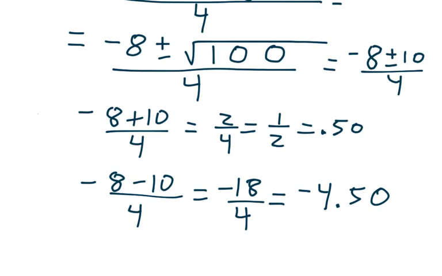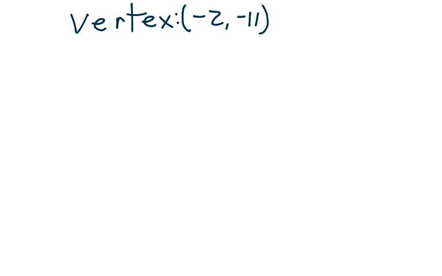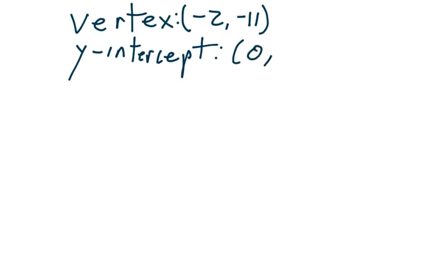Okay, so let's do that. If you remember, our vertex was negative 2, negative 11. The y-intercept was 0, minus 3.